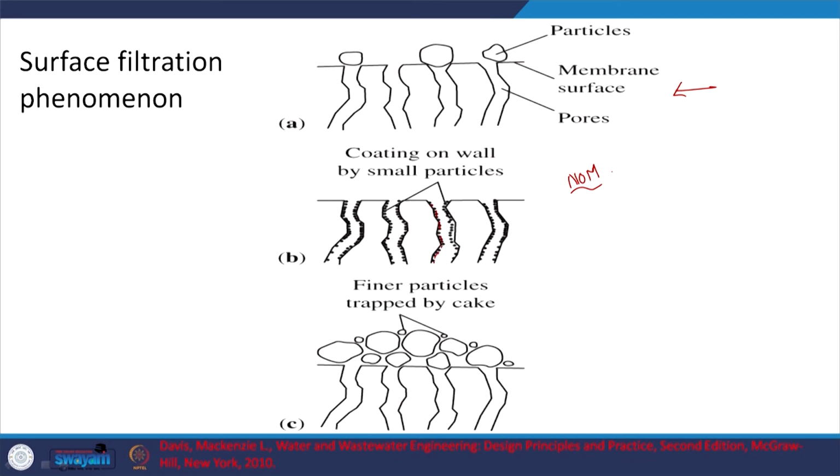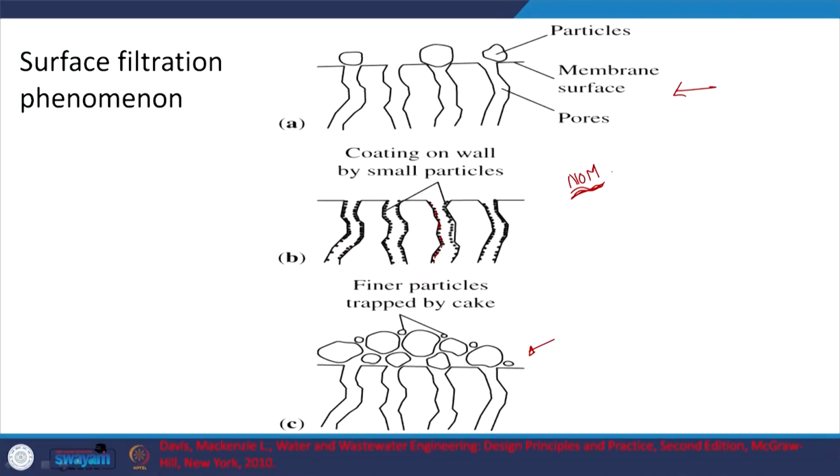This will be an issue because it will cause fouling of the membrane, leading to greater and greater pressures being required for the same flow to be achieved. And sometimes you will also have finer particles being trapped by cake, but you will usually keep backwashing the membranes. So, that is one possible mechanism.